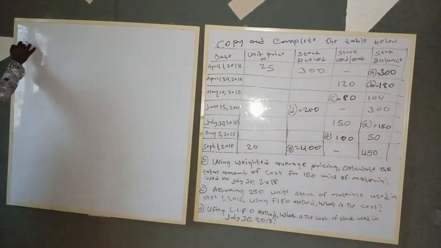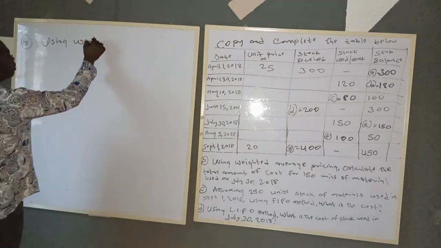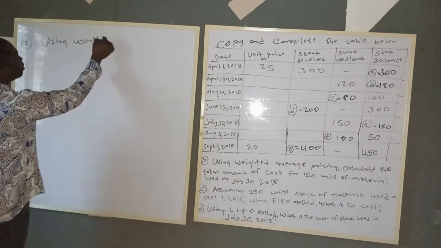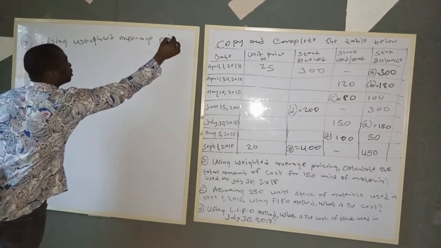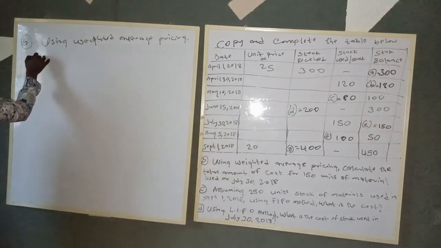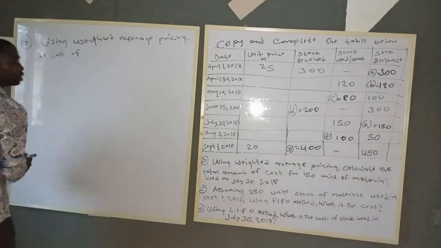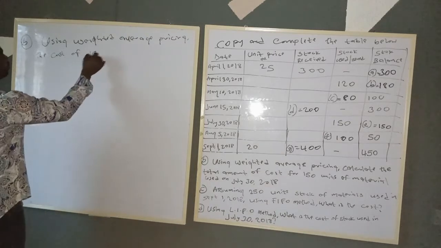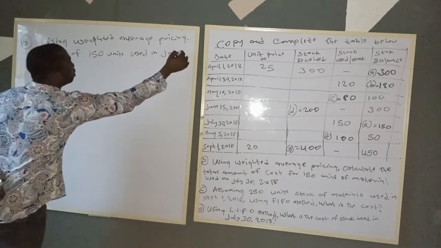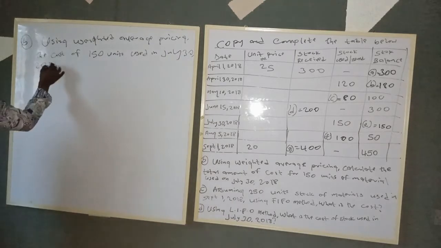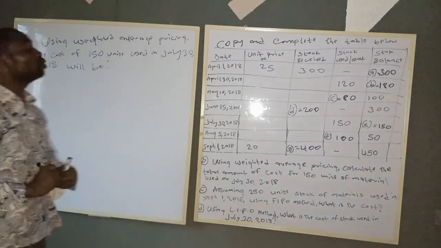So we now come here, we say B, using weighted average pricing, the cost of 150 units used on July 30, 2018 will be, that is when you want to use the weighted average method.